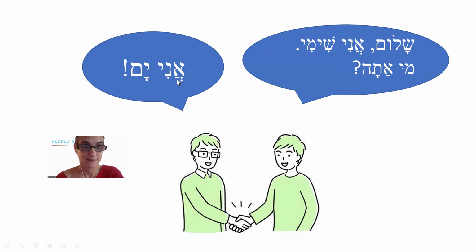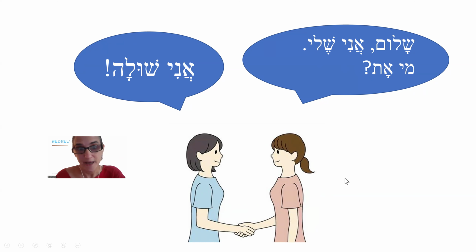Ani Shimi. So as you see, this is just another version of the introduction dialogue that we already saw. Just instead of my name is Shimi, we can say Ani Shimi, I am Shimi. Instead of what is your name, Ma Shimcha, we can say Mi ata, who are you?